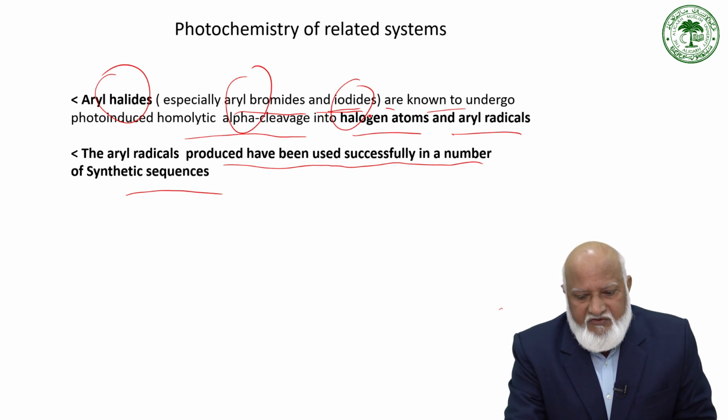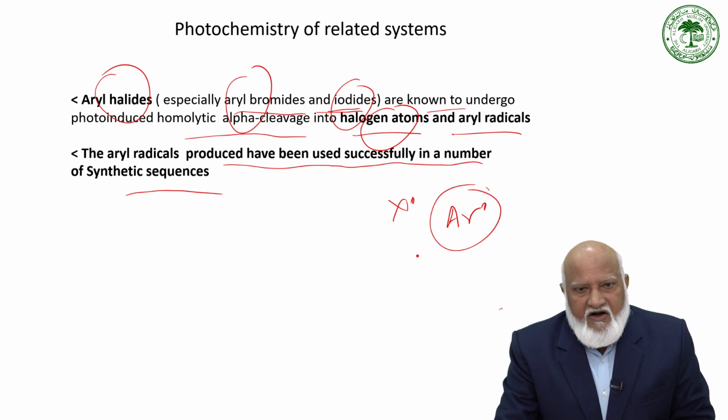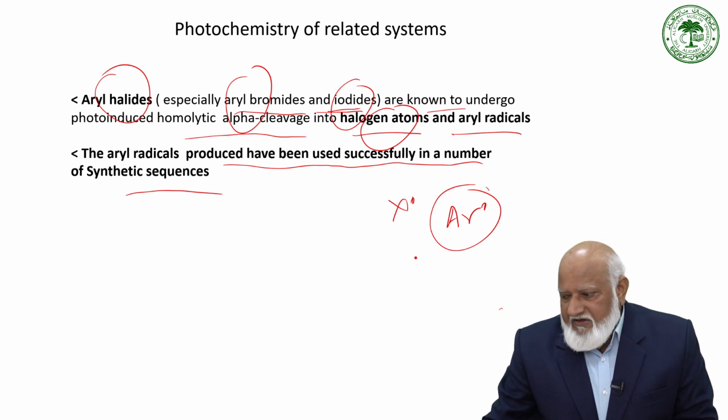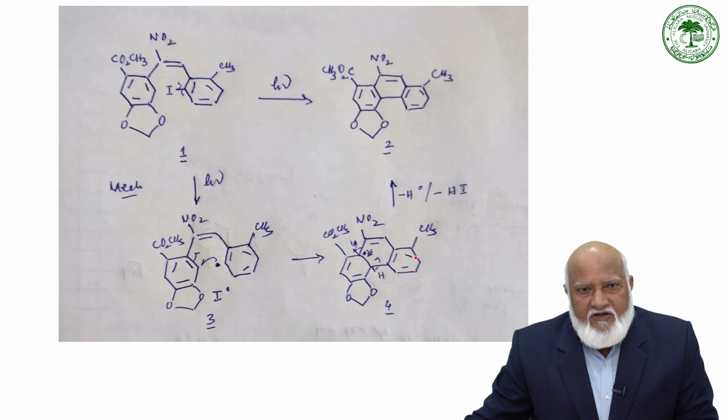This gives a halogen atom radical X dot and an aryl radical, and these aryl radicals are used to synthesize very interesting, synthetically important compounds which were difficult to synthesize through any other catalytic method. A few examples are reported here.